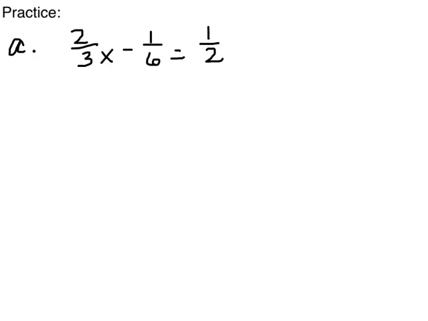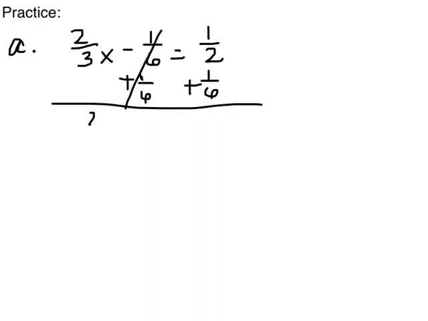Alright, so let's do your practice problems. 2/3 x minus 1/6 equals 1/2. 1/6 is closest to the equals. It's been subtracted, so I'm going to add 1/6 to both sides. That gets rid of this, and I have 2/3 x equals, got to have a common denominator. It is going to be 6. 1/2 is 3 over 6.